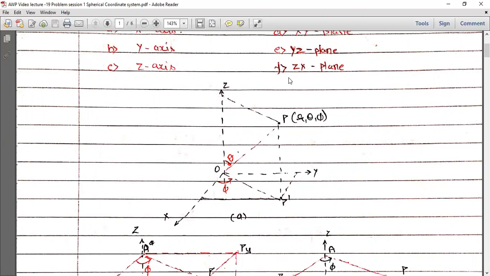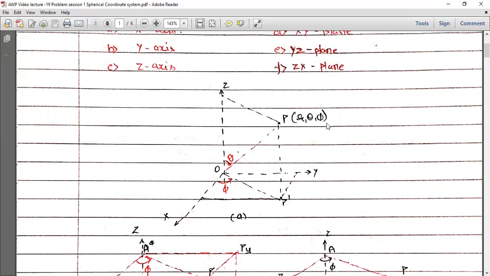Next thing we consider here the point P itself, and if the point P is having coordinates in a spherical coordinate system, so the coordinates r, theta, and phi. R, theta, and phi, these three are coordinates of point P in spherical coordinate system, whereas the same point P will have some coordinate x1, y1, and z1 in this rectangular coordinate system, and these two coordinates of same point in two different coordinate system are equivalent to each other.